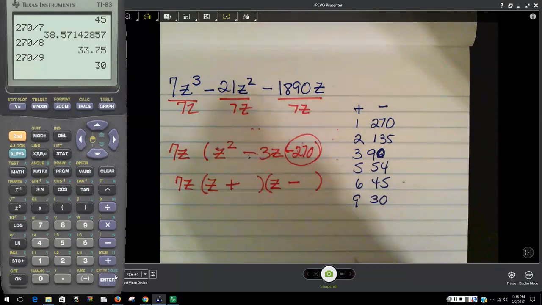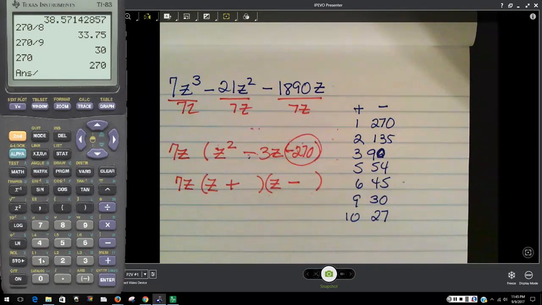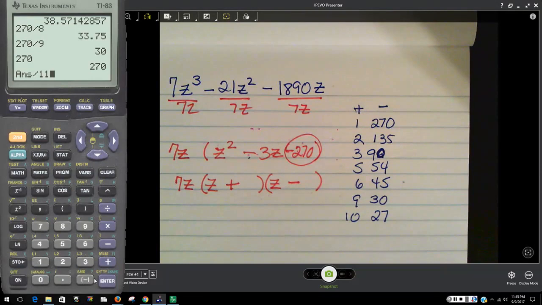It will work with 10, but not 11. Or 12. Or 13. Or 14. Does work with 15.